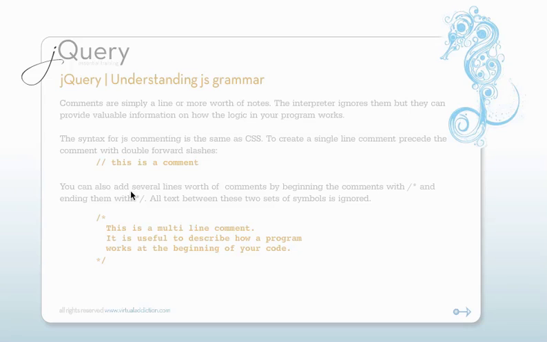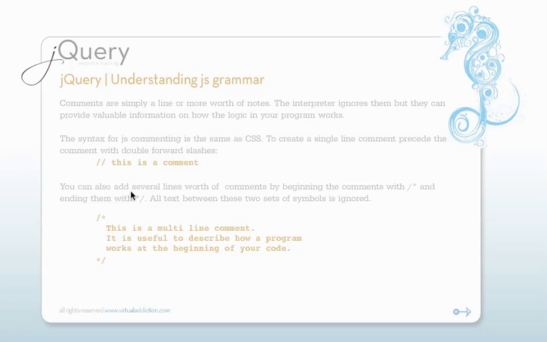The final thing I want to mention is using comments. Comments are simply a line, or sometimes more than one line, worth of notes, and the interpreter will always ignore them, but they can provide valuable information on how the logic in your program works. When you want to create comments, the syntax is pretty much the same as CSS.